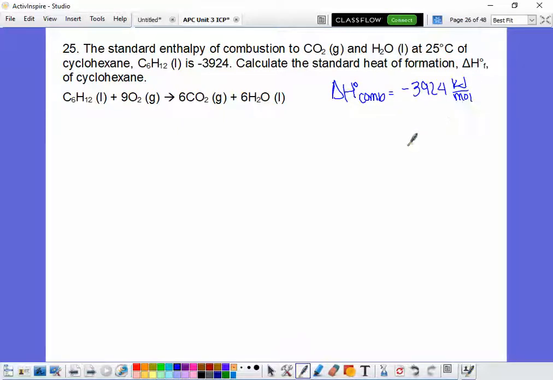What is combustion an example of, or a type of? Reaction. So that is the delta H of reaction. This is like the answer, and we're solving for one of the components. We don't know this delta HF. That's what we're solving for. The CO2 and H2O are the exact same from the previous problem, negative 393.5 and negative 286, both in kilojoules per mole.